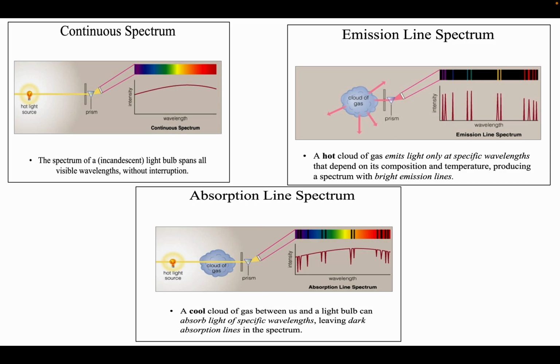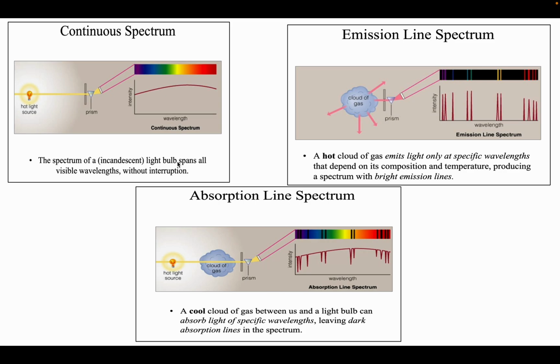Now there is the continuous spectrum, the emission line spectrum, and the absorption line spectrum. There are three types of spectrum. So what is a continuous spectrum? Suppose you have a hot light source that is emitting light, and you place a prism in front of that source, and the light gets diffracted by the prism and creates the spectrum. The spectrum of an incandescent light bulb spans all the visible wavelengths without interruption.